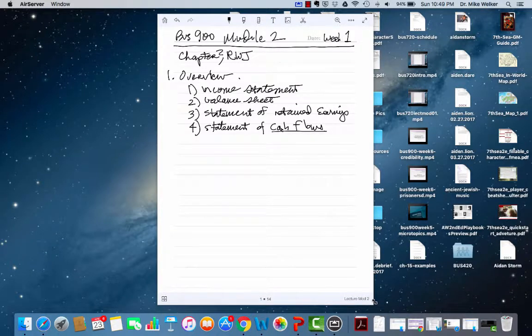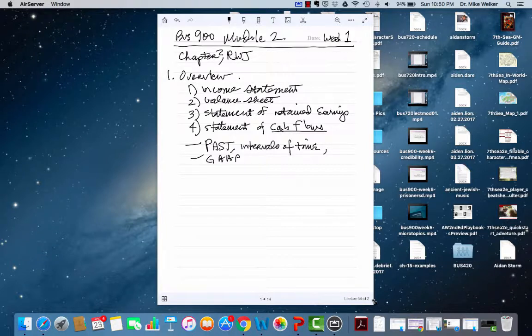Now, these 4 statements report what has happened in the past. They're based upon past events. Their calculations are on intervals of time, and they're prepared following GAAP, generally accepted accounting principles.